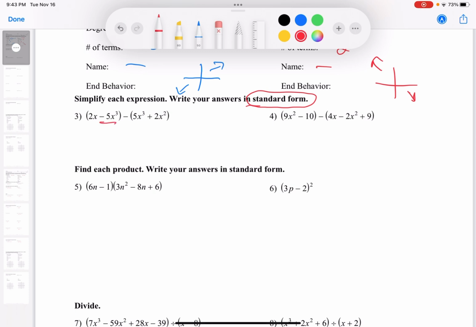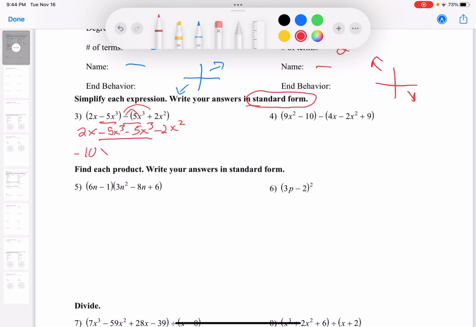So we've got negative 5x cubed minus 5x cubed. So remember when we had a minus symbol in here, the best thing to probably do is to distribute that minus in there. So that's negative 5x cubed and then minus 2x squared. Now we can combine like terms. So we've got negative 5x cubed and negative 5x cubed.